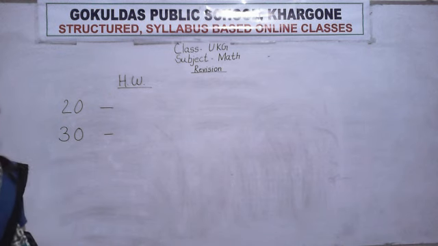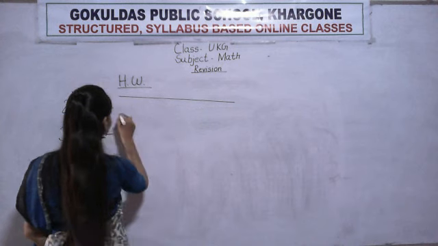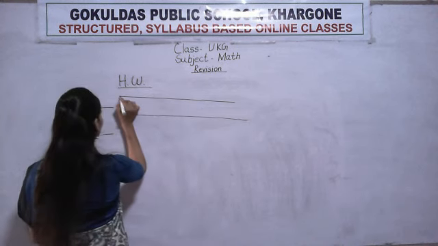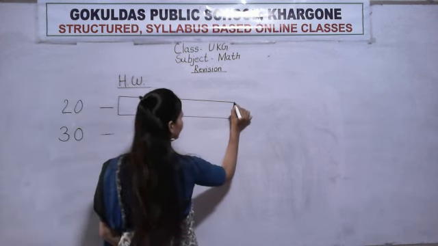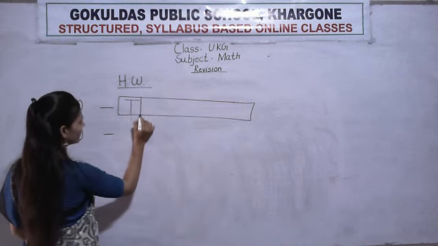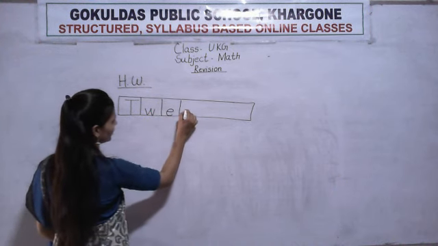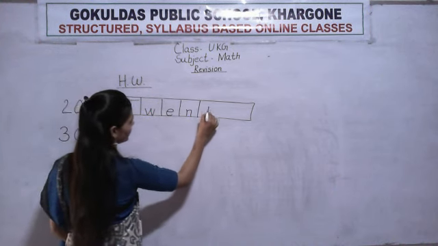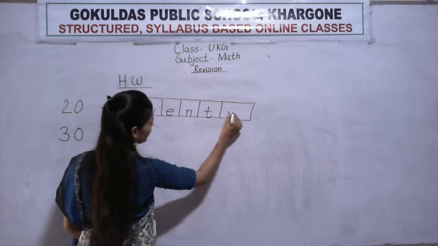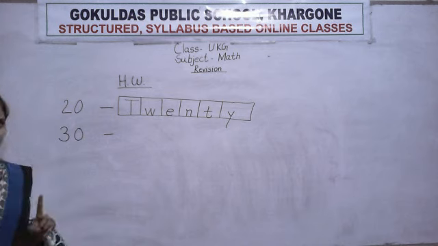Okay, number name 20 and number name 30. You write one page. Okay, the spelling of 20 is, tell me, what is the spelling of 20? Okay, T W E N T Y. Okay, so you write one page.